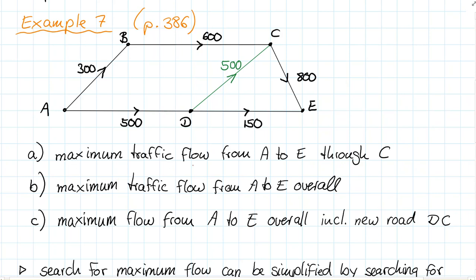Good, we're going from A to E, but we need to go through C. So this is a 300, a 600, and an 800.